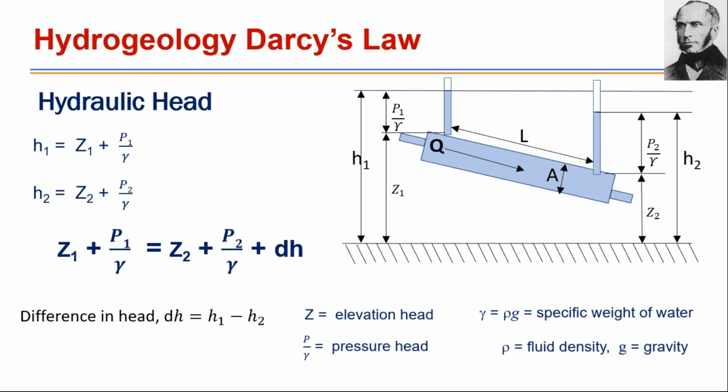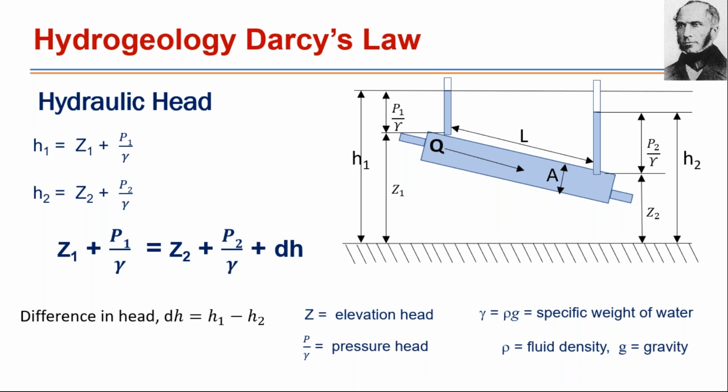So the first thing you do is hydraulic head. The hydraulic head, if you look at this, is H1 and H2. And in fact, there are two components. There's the elevation head, which is generally compared to sea level. And there's the pressure head. The pressure head is the pressure over the specific weight of water, which is fluid density times gravity. There's actually a third, velocity head, but we don't look at it in groundwater because the water is not flowing fast enough.